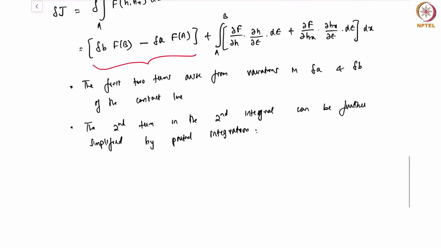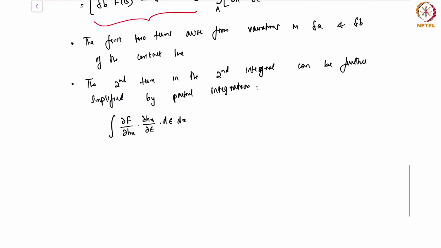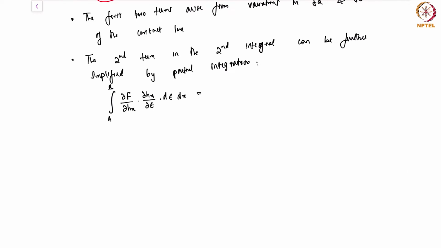So what do I have here? The second term in the second integral is the integral of del f by del hx, del hx by del epsilon d epsilon dx. This is what we have, right? This is from A to B, and this quantity is nothing but del f by del hx times del h by del x.